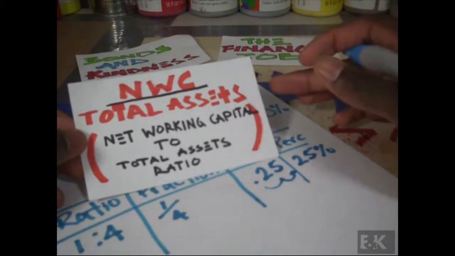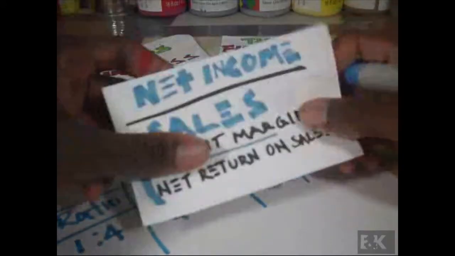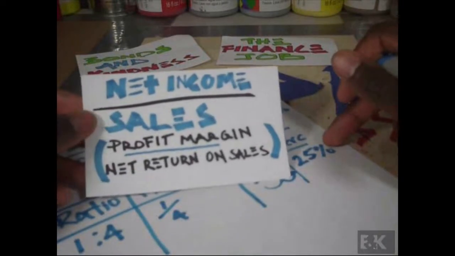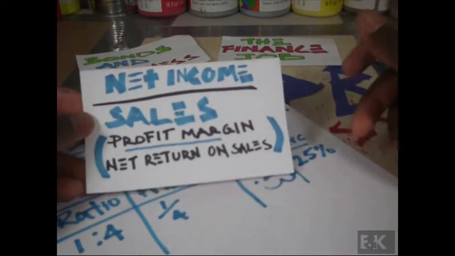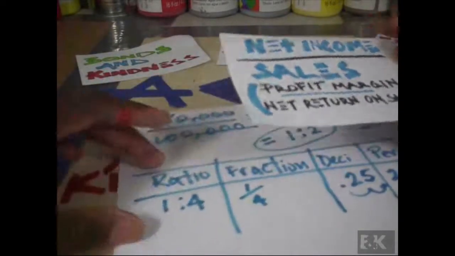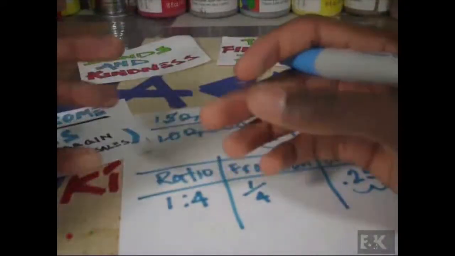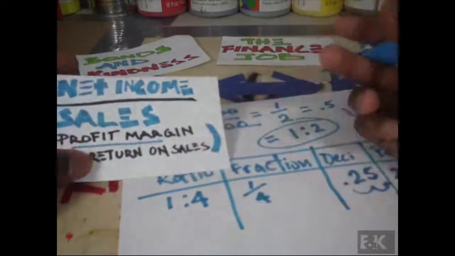So whatever our total assets is, we find 25% of it, and that's what our net working capital is. Sales, if the answer was 25%, whatever our sales is, we calculate 25% of it, and that would be our net income. But I'm going to work more intuitively with you and just focus on the ratio, because the ratio for me is just so easy. It's easy for me to say for every $4 that we collect from customers, we only put $1 in our pocket.